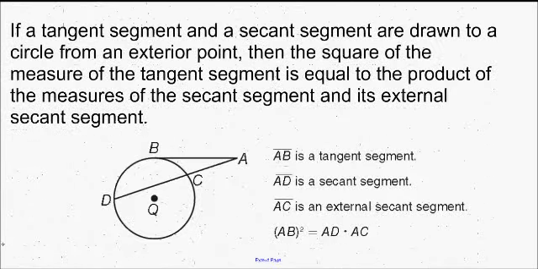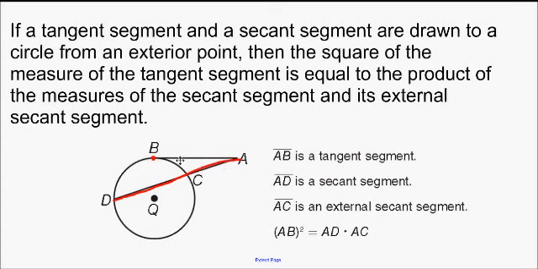If a tangent segment and a secant segment are drawn to a circle from an exterior point, again A is our exterior point, then the square of the measure of the tangent segment, so that's AB, because B is the point of tangency, is equal to the product of the measures of the secant segment, which would be AD, and its external secant segment, which is AC.